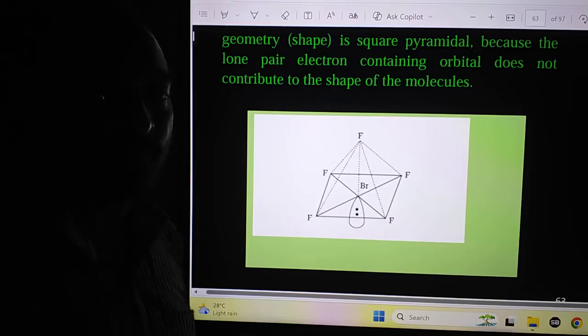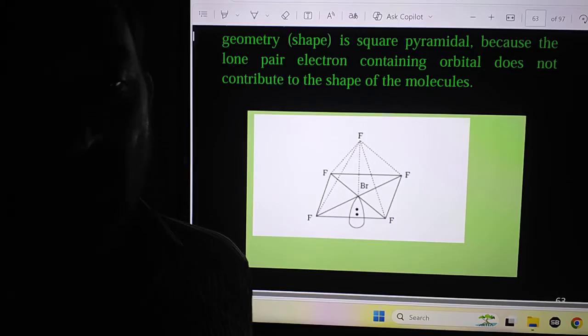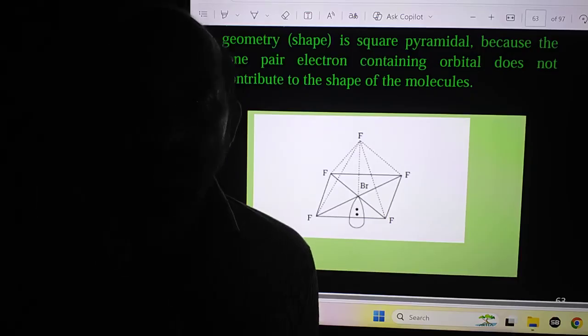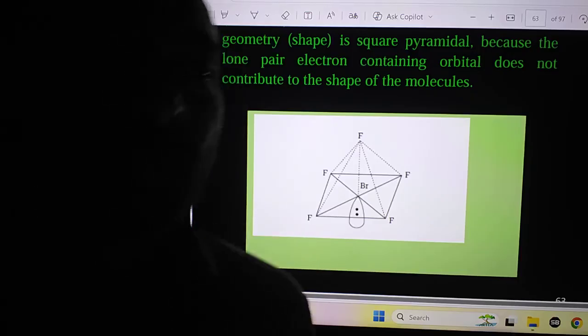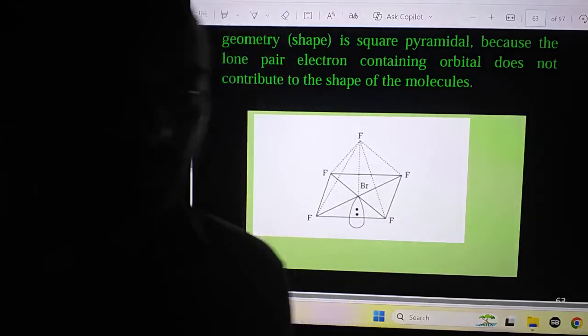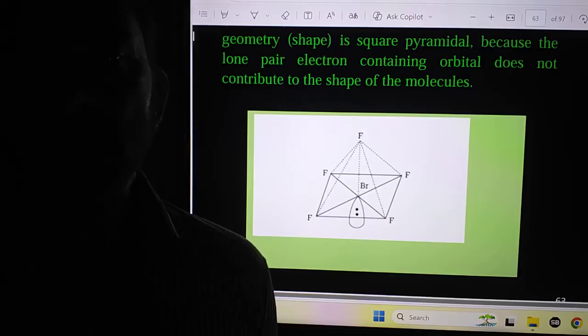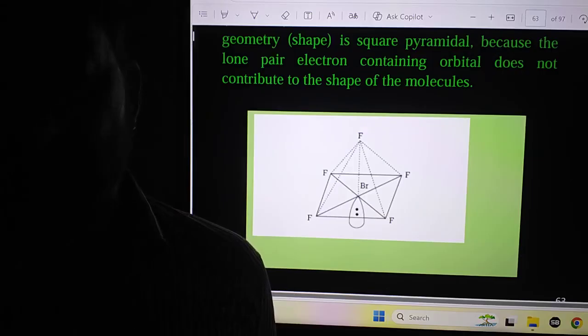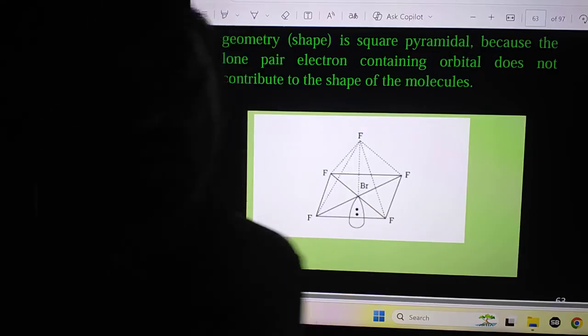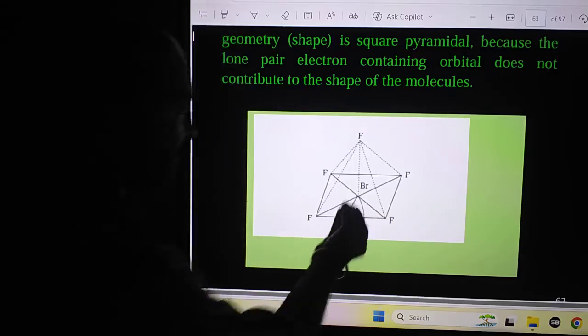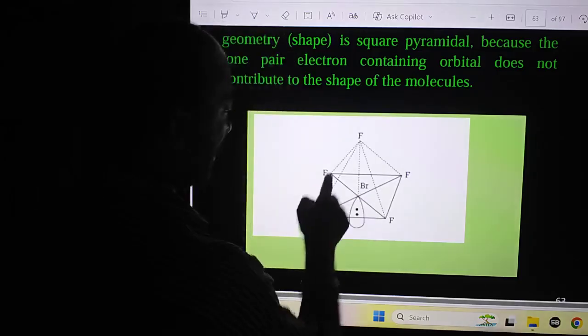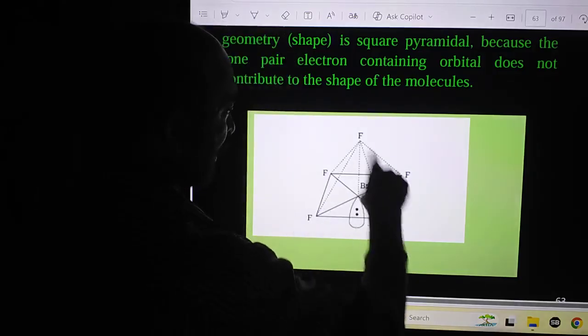And what is the shape? Shape means molecular geometry. Structure is electron pair geometry, which contains the lone pair of electrons. Shape is molecular geometry, which contains only the molecular part and avoids the lone electron pair. If you ignore this balloon, what remains? Square pyramidal.